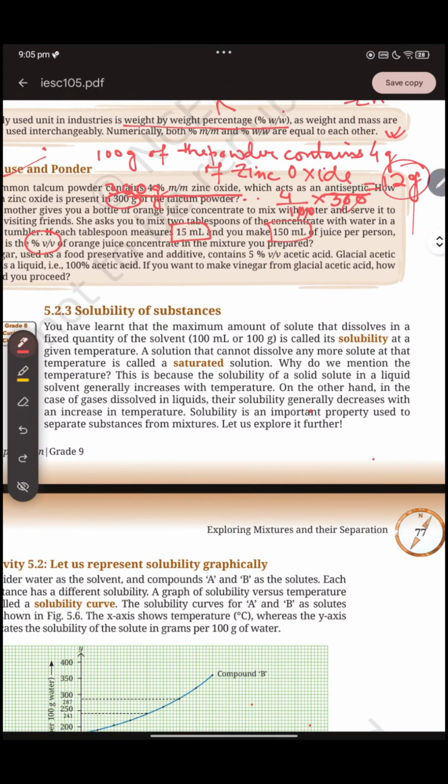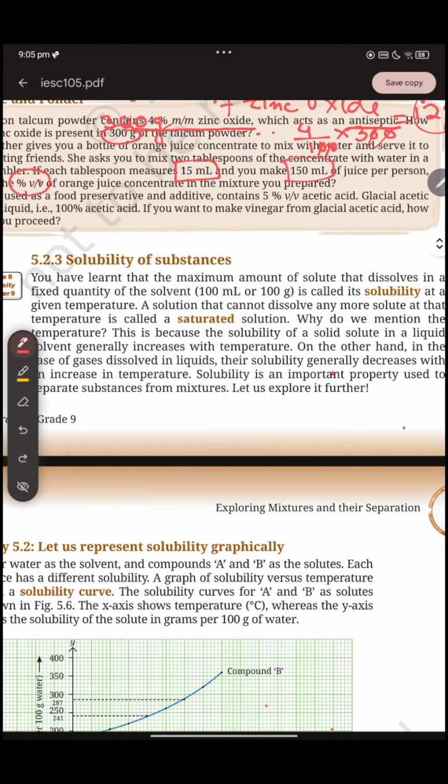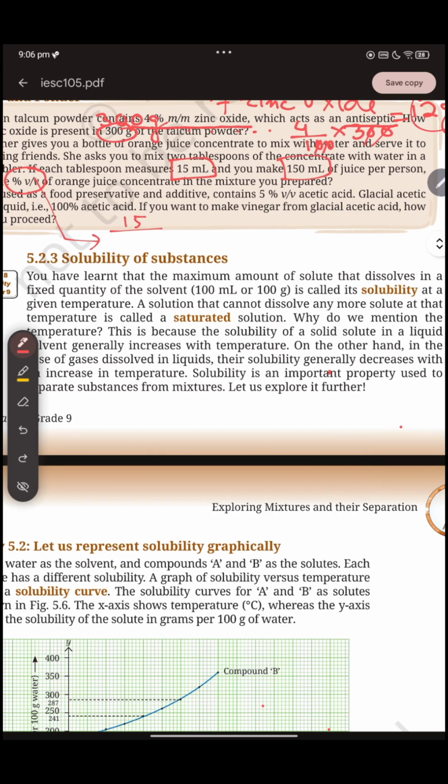Both are given in the units of volume. So what can you do? You will take the volume of the solute, which is the concentrate which you are using, 15, divided by total volume, to make 150 ml of the juice. That means total volume should be 150. It is not 15 plus 150. So you make 150 ml.